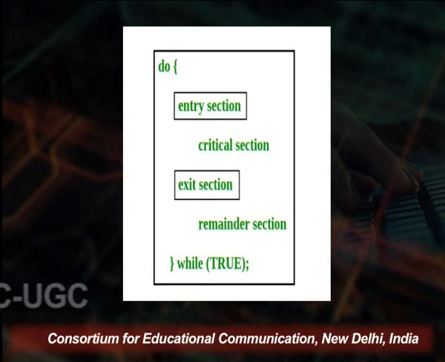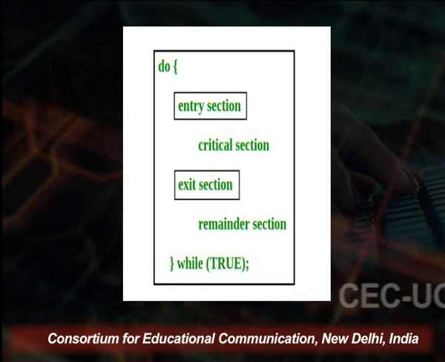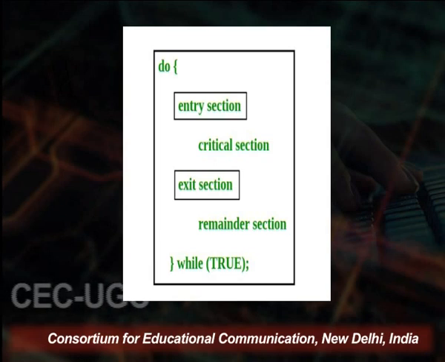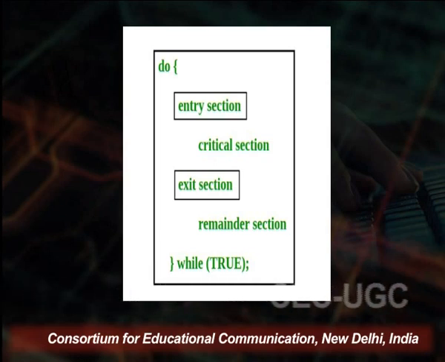So we have written it inside a do while loop, and the test condition of the do while loop is while true, or while 1, or while everything is going on. So these are the four elements of our program.